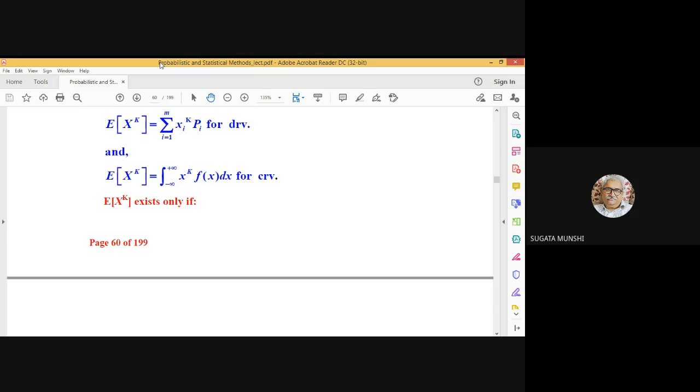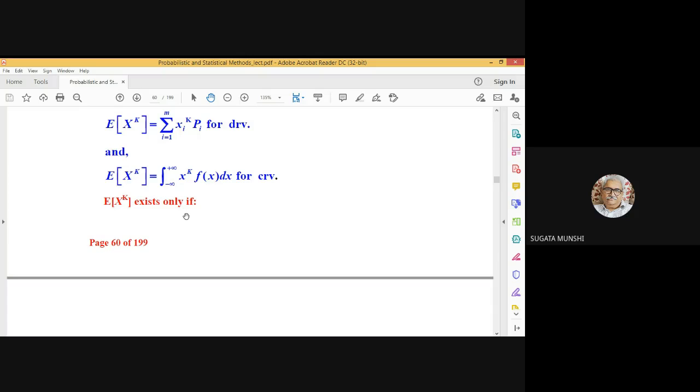So what will be the expectation, the first moment? x is odd symmetric, fx is even symmetric, so the product is odd symmetric. So the integration from minus infinity to plus infinity will be 0. So if fx is even and k equal to 1, the expectation of x under such a condition will be 0.